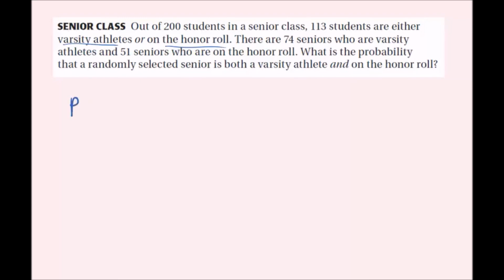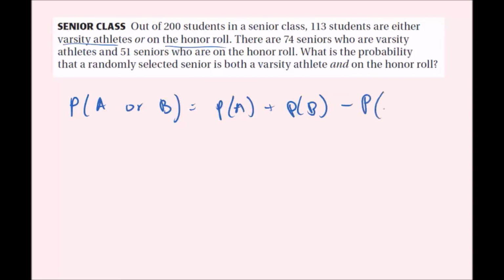So we set up the equation, probability of A or B equals probability of A plus probability of B minus probability A and B. That's our generic equation for overlapping events. Now we're going to plug in the information we have. It says 113 students are either varsity athletes or on the honor roll, so we plug that in here.